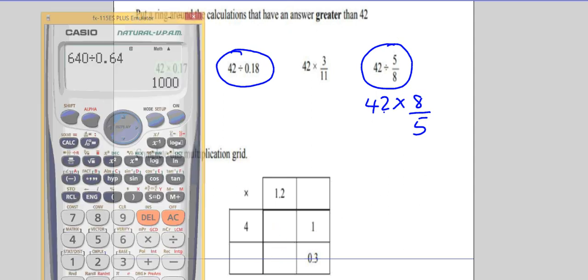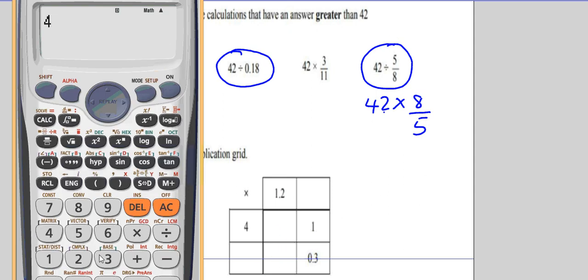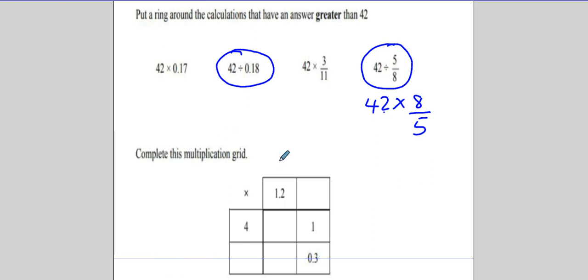Let us check that. 42 times 8 divided by 5, yes. And how about 42 divided by 0.18? Yes, that is giving a number bigger than 42.